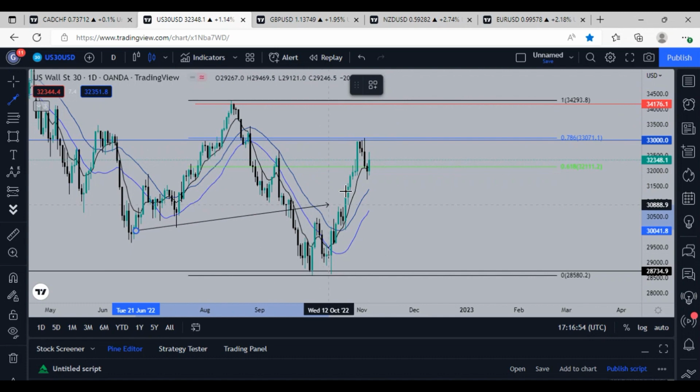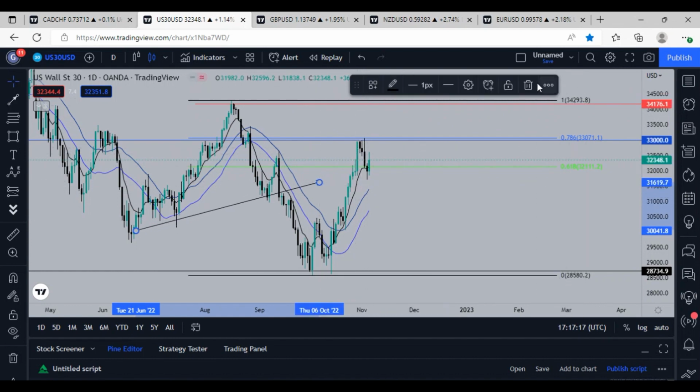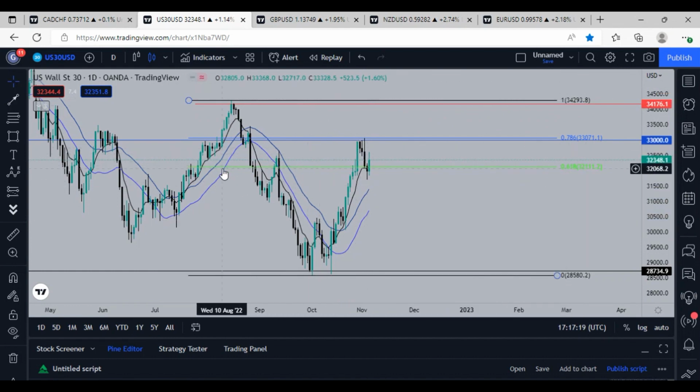Now this could be our right shoulder. And now looking at the fib retracement level, price is at a very important Fibonacci retracement level, and it is the 0.786 level. So price can actually go more down for more sales, because price respected an important Fibonacci retracement level.